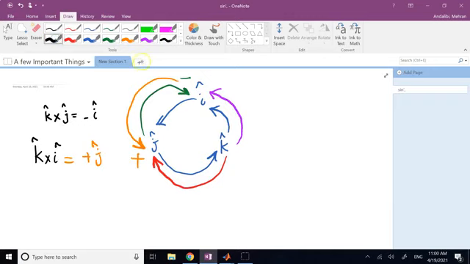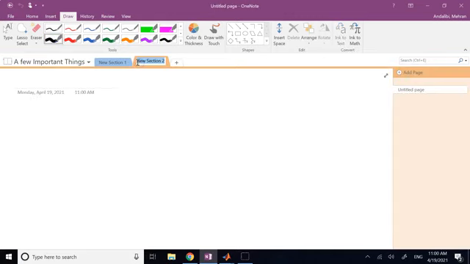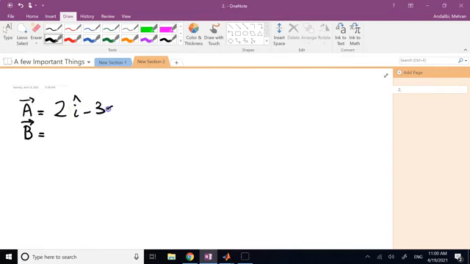The other thing is, when you're doing the cross product of two vectors that most of the time have all three components, let's say you have vector A and vector B. For example, A is 2I minus 3J plus 1K, and B is negative I plus 2J plus 4K.